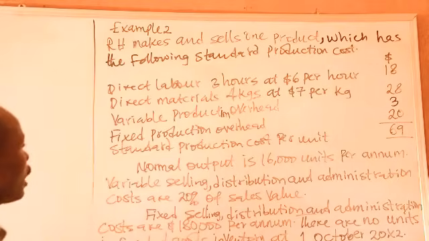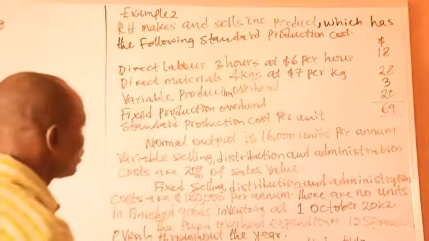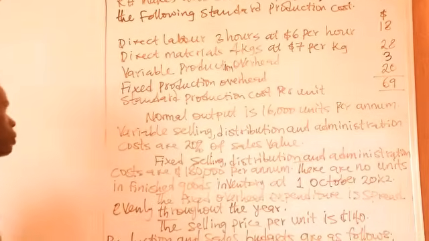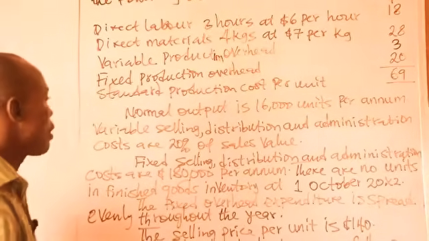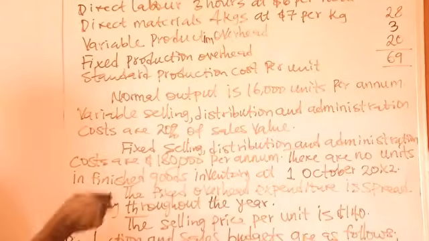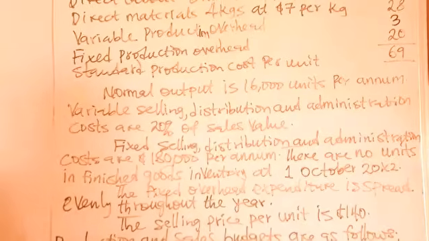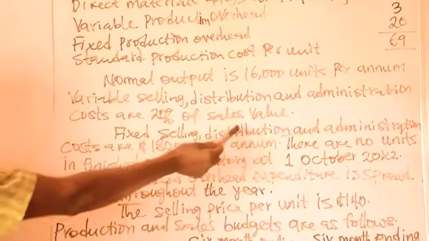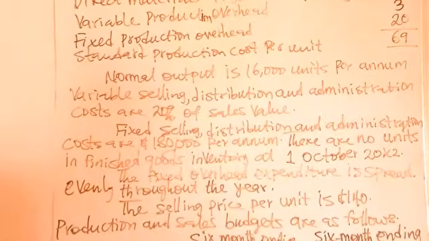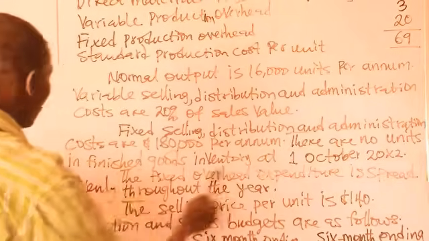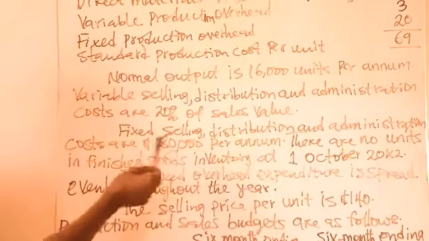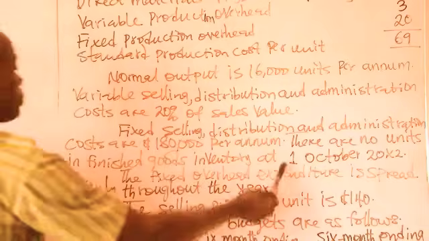Fixed production overhead, $20. Standard production cost per unit is $69. Normal output is 16,000 units per annum. Variable selling, distribution, and administration costs are 20% of sales value. Fixed selling, distribution, and administration costs are $180,000 per annum.